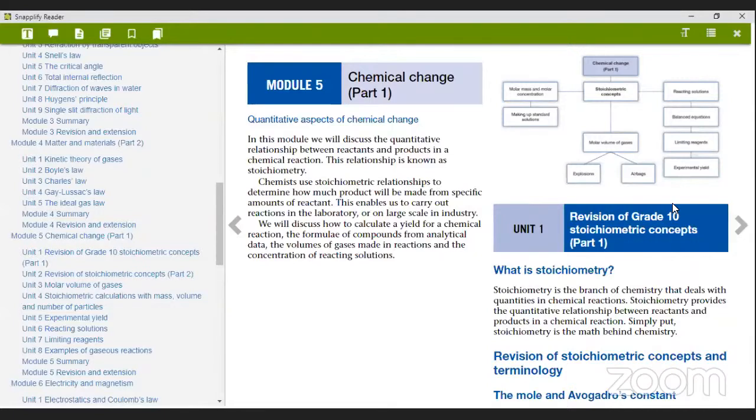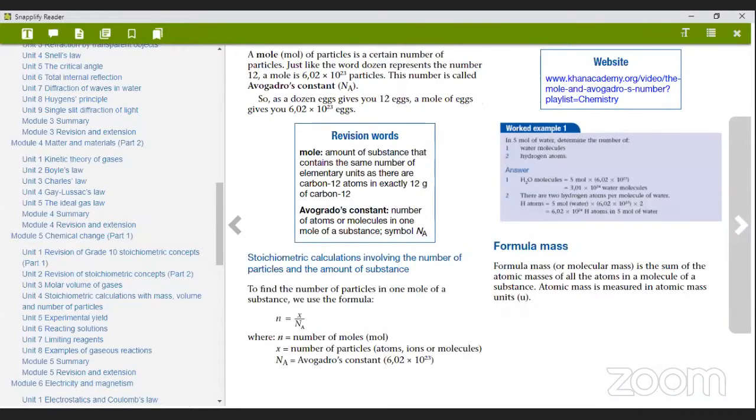So revision, we spoke about the mole, and I hope that everybody understands what a mole is. A mole is that substance that contains the same amount of elementary units as the carbon atoms in exactly 12 grams of carbon. So that is a mole. And the Avogadro constant is the value of the mole, basically, because it's 6.022 times 10 to the power of 23.